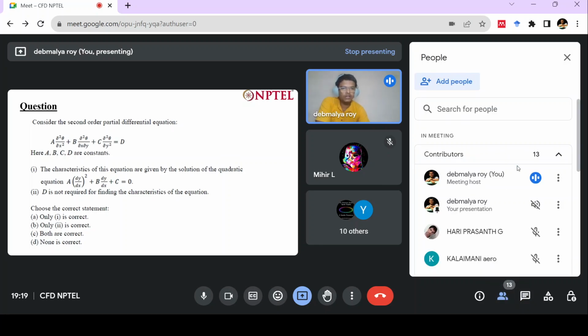Anyone can unmute their mic and speak. This is meant for an interaction session, so there should be interaction in this session.